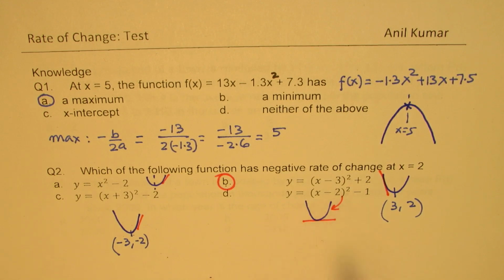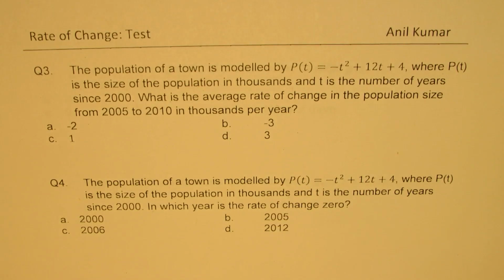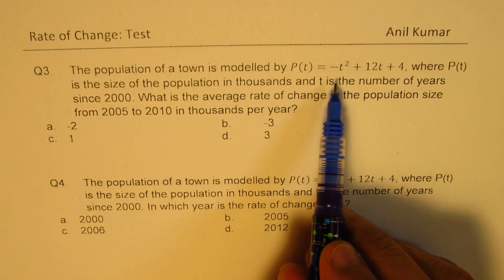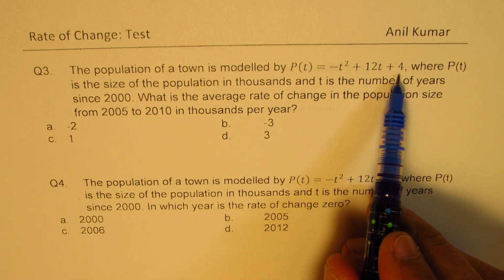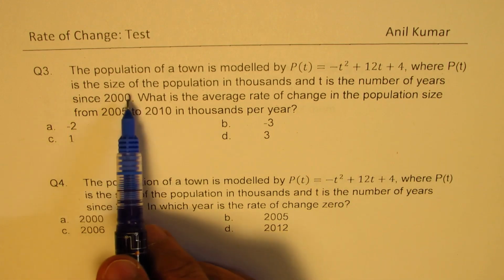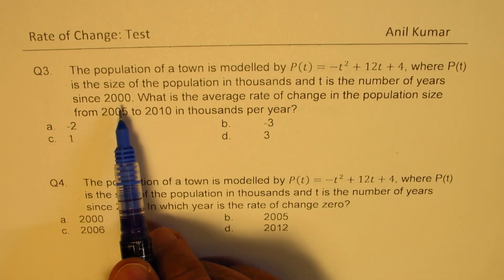So by a rough sketch, you can actually figure this out. Let's see question number 3 now. The population of a town is modeled by P of t equals minus t squared plus 12t plus 4, where P of t is the size of population in thousands and t is the number of years since 2000.